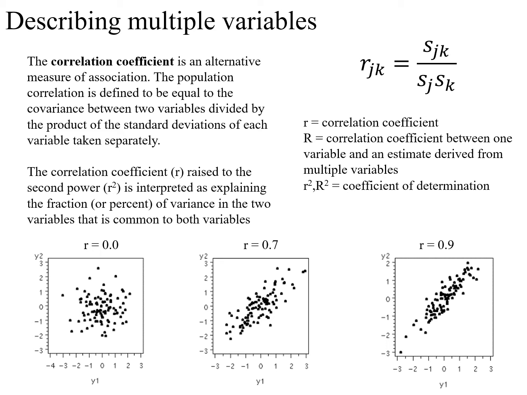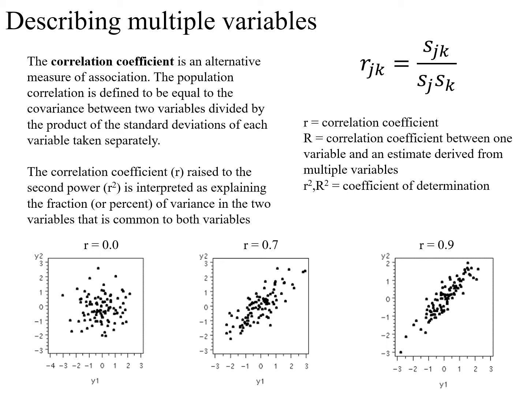Now, when the correlation coefficient is raised to the second power, we call that the coefficient of determination, or R squared. And when we square that r value, we interpret that value as the fraction of variance in the two variables that is common to both.